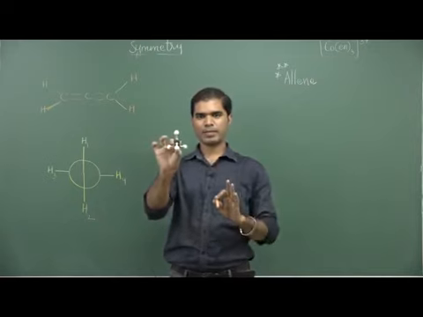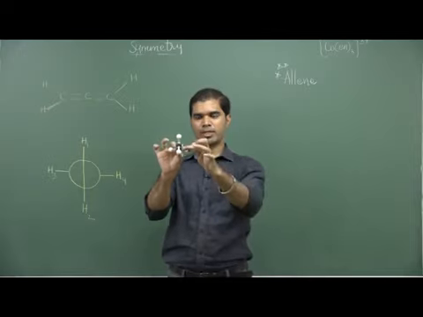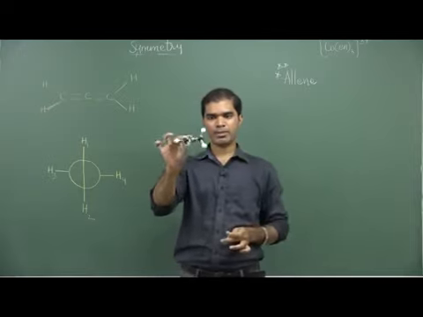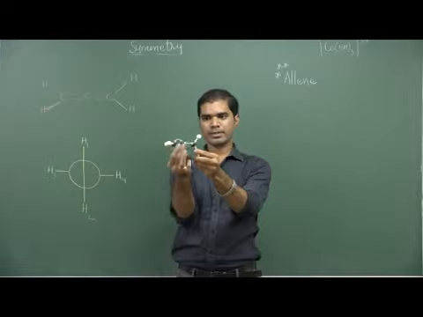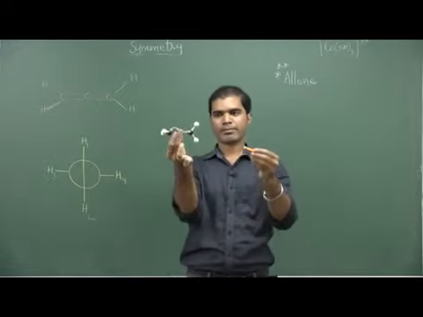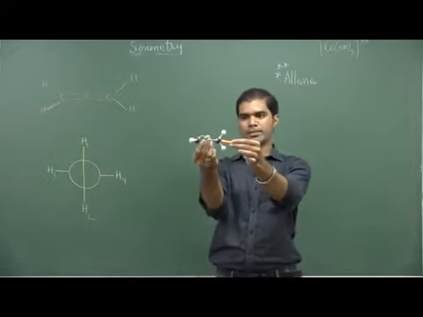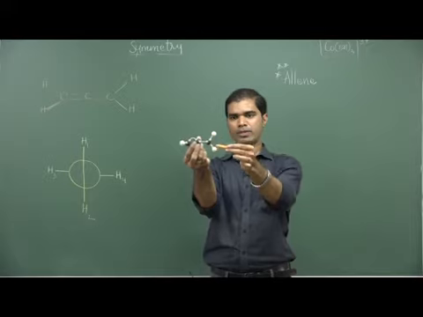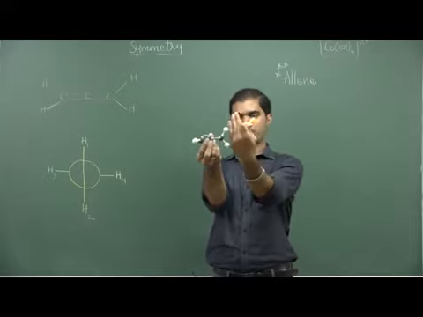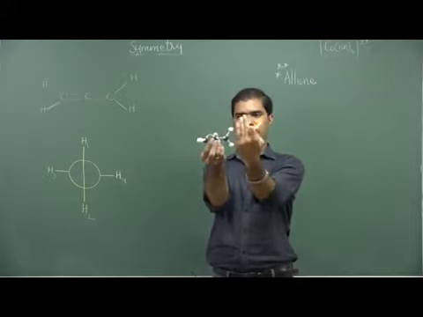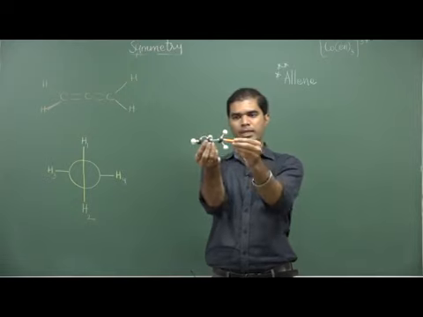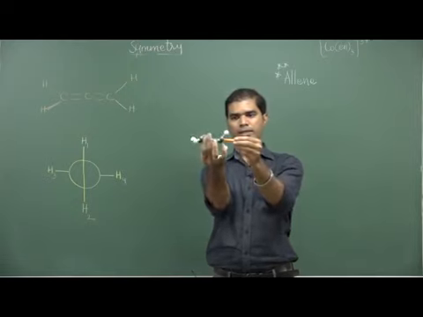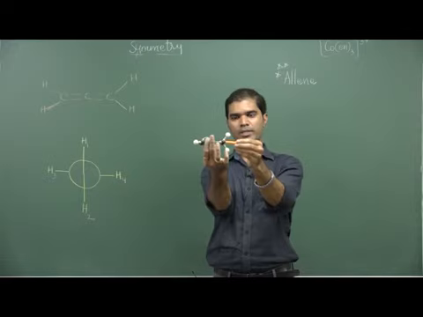There is a C2 which is present in allene and it is passing from the three carbons. I am also showing in another way. This is that rotational axis. These two hydrogens are in the plane of the board, or they are in this YZ plane. As I rotate by 180, it is giving you equivalent configuration.